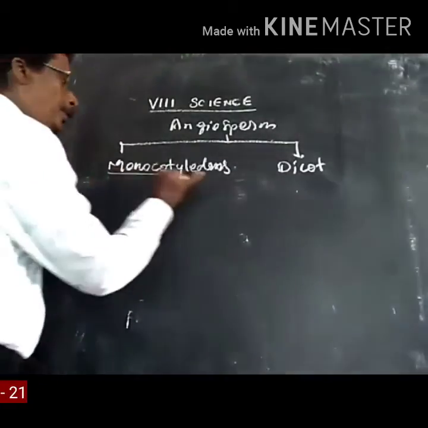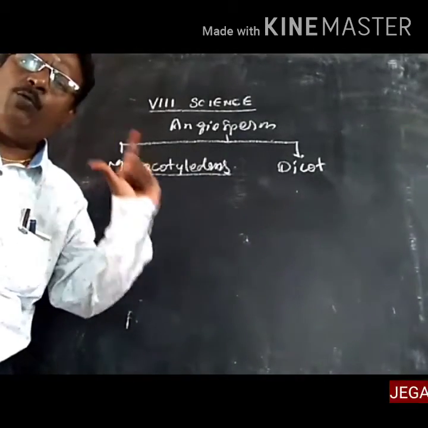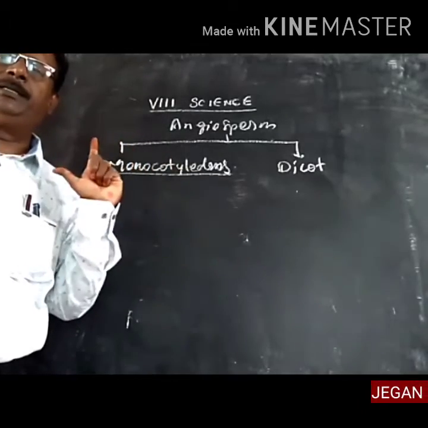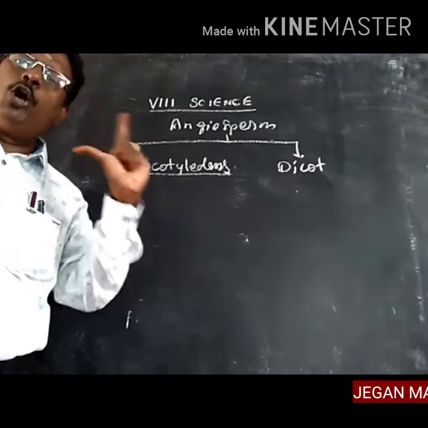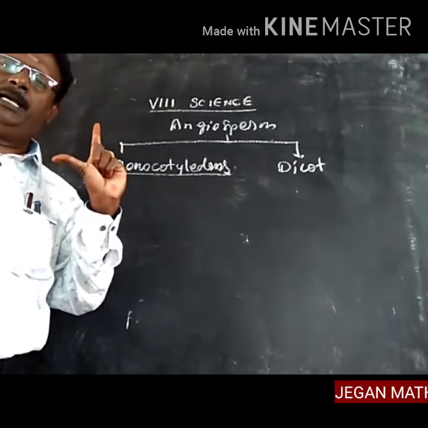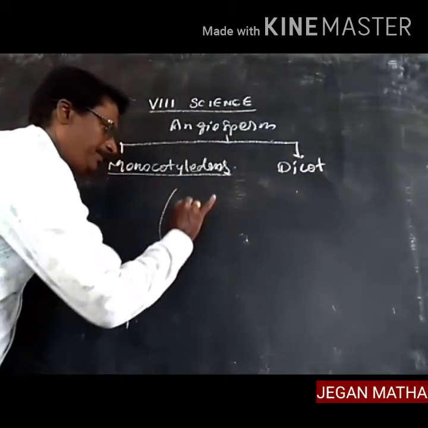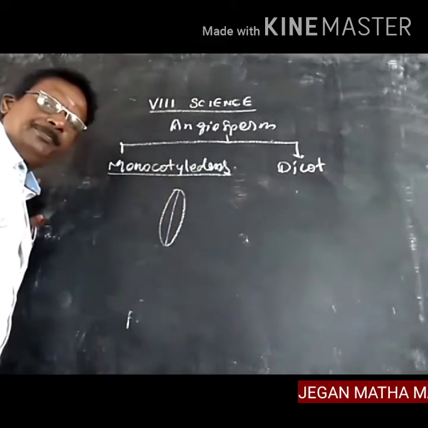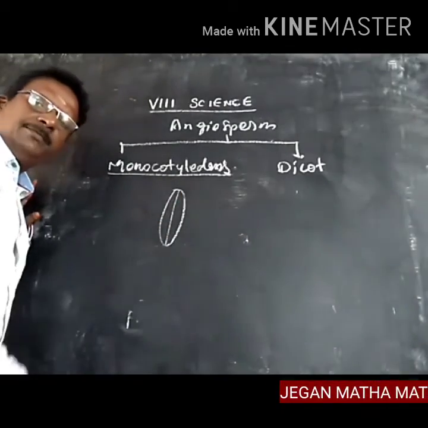The first one is monocotyledon. The seed consists of only one cotyledon. How are they identified? Normally, the seeds cannot be divided lengthwise.